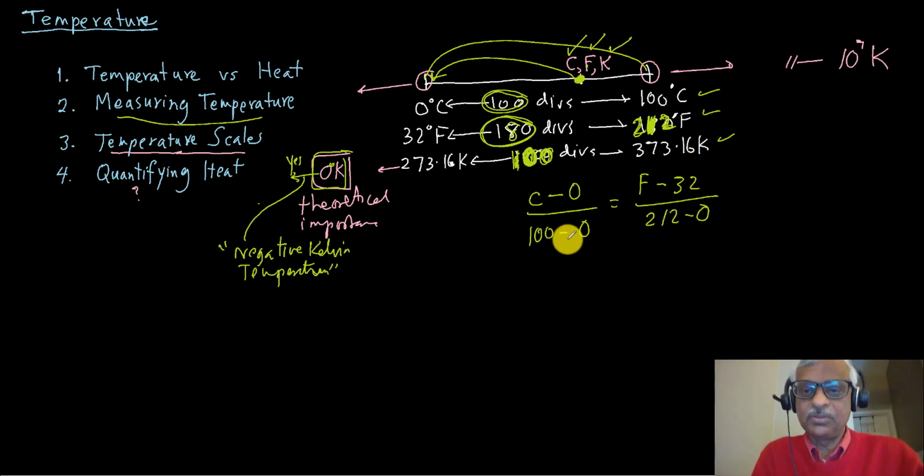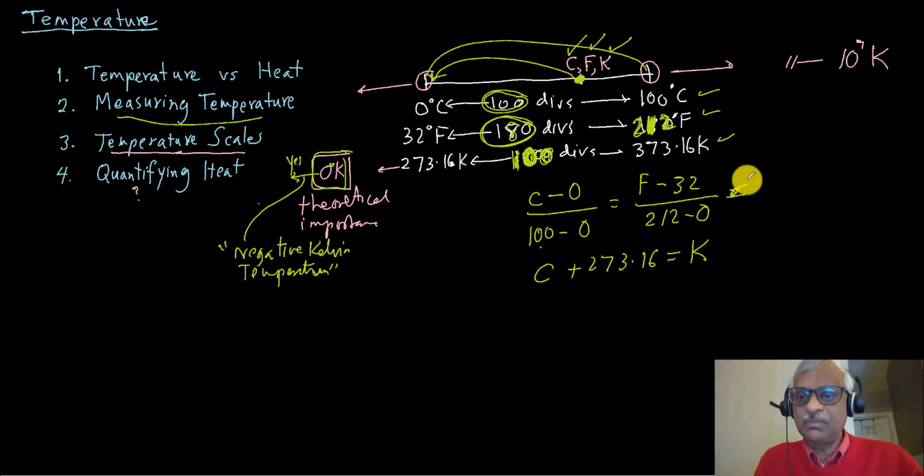And of course for C you add 273.16 to get Kelvin, and from there you can get Fahrenheit.